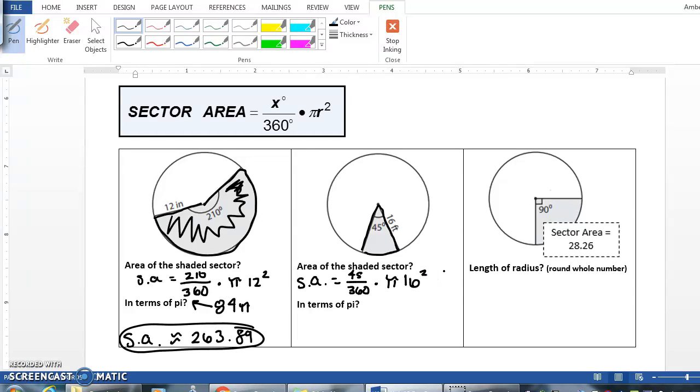And again, you can put it in your calculator. 45 divided by 360 times 16 squared ends up being 32 times pi. And then if you wanted to continue to the next step, multiply it out, and the sector area is approximately equal to 100.53.